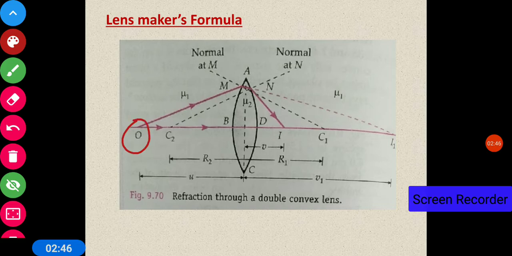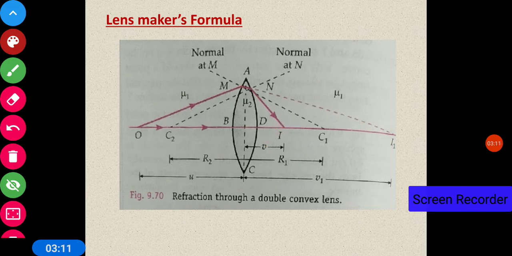OM is the incident ray which is falling on surface ABC. The image formed by the surface ABC is I1. This I1 is in the medium of refractive index mu2. It acts as a virtual object for the surface ADC and the final image forms at point I in the medium of refractive index mu1.